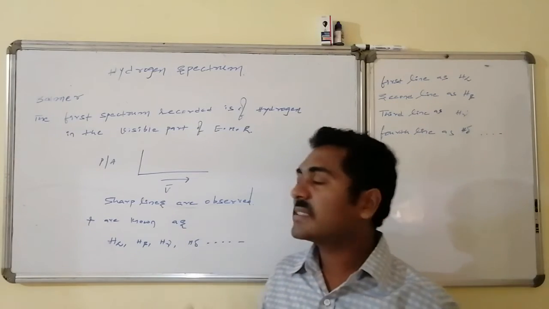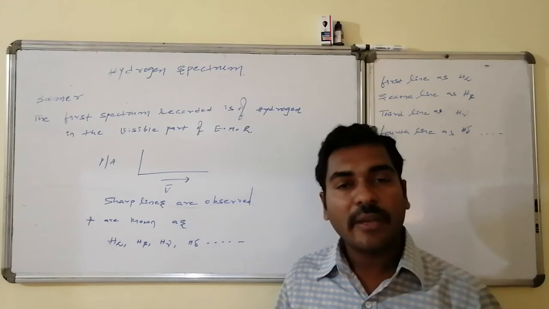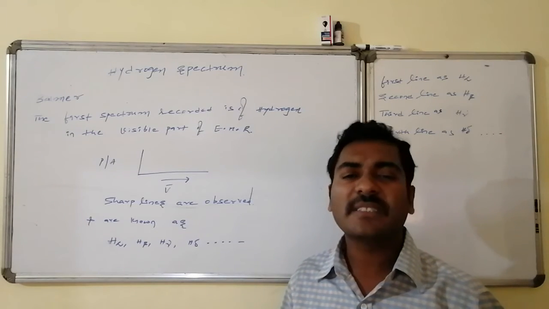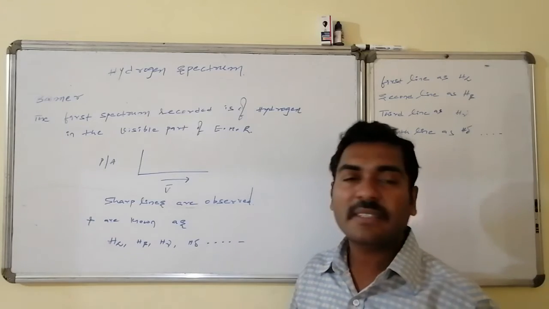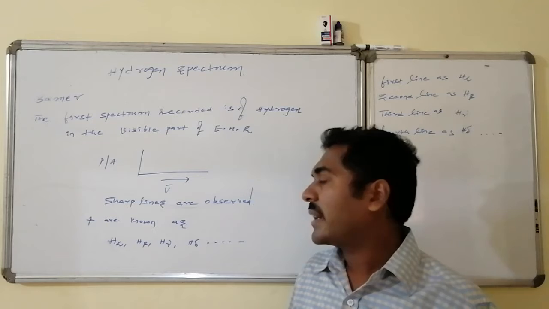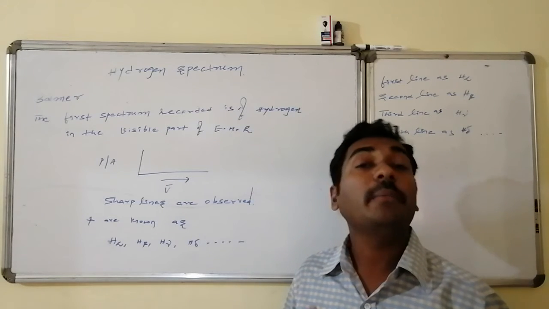Here also, the presence or absence of the waves with respect to the characteristic property, generally wave number or wavelength, is considered, which is present on the x-axis. Sharp lines are observed, and these sharp lines are due to what? Emission.